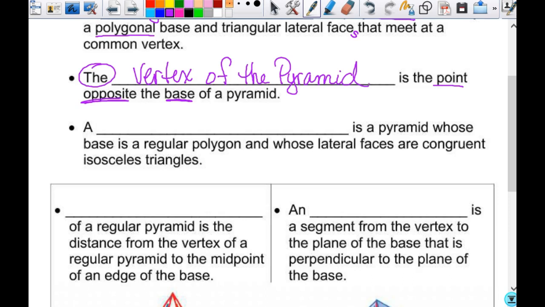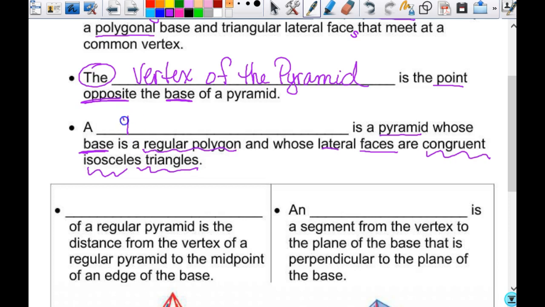So if we have a pyramid whose base is a regular polygon and whose lateral faces are congruent isosceles triangles, those are going to be the nice pretty pyramids that you normally see, that you're used to thinking of. They're not all slanted and wonky or whatever. They're all nice and symmetric.